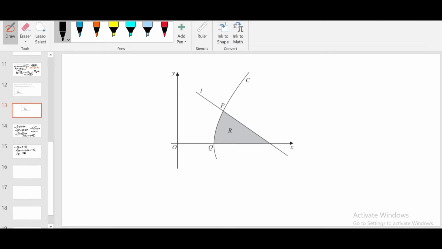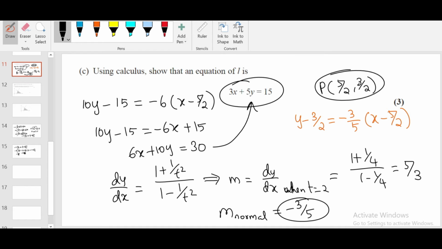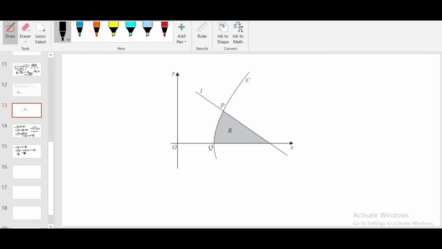We have already calculated the equation of the line here, 3x plus 5y is equal to 15. If you replace y by 0, x is 5, this point is 5, the x coordinate. Here the x coordinate is 2, so the height is 3 actually. H is equal to 3.